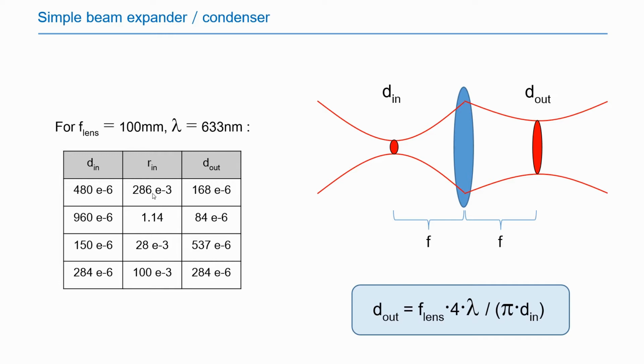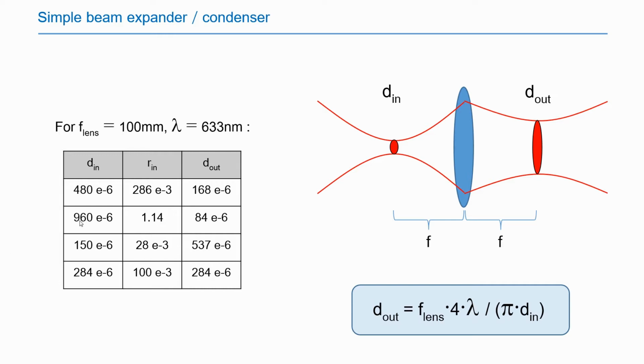Now that 286 millimeters is a little bit larger than the focal length of the lens, which is 100 millimeters, and so it actually shrinks it. So using this formula, we get 168 microns as the diameter of the output beam.